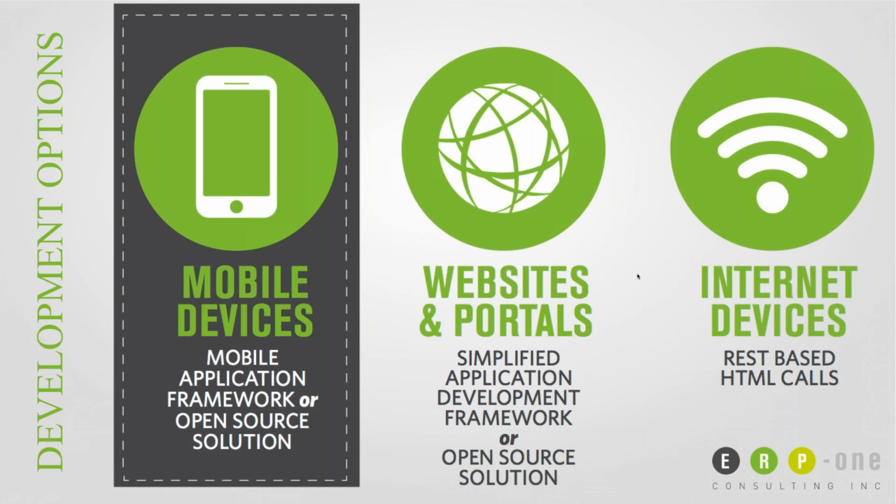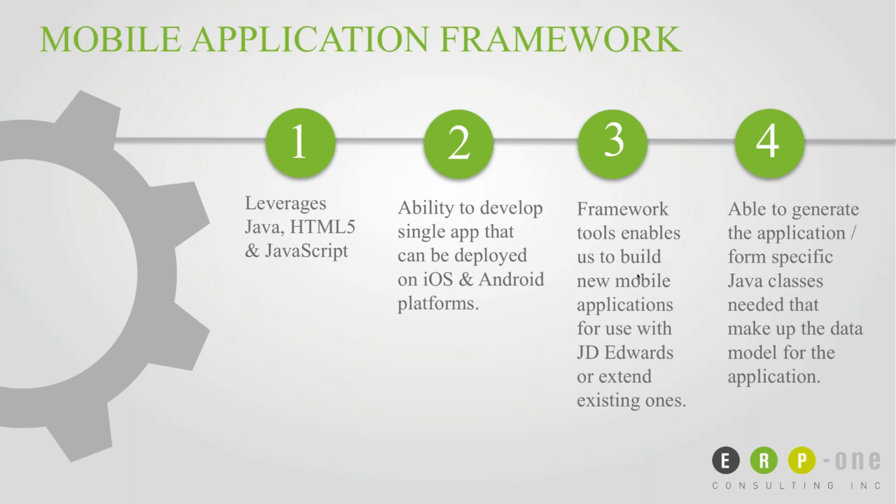So we're going to dive in and talk a little bit about each of these devices, from an offering like how Oracle offers you ways to talk to the AIS server, and how third-party or open-source solutions offer those same technologies. So we'll start with mobile devices, and we'll begin at that point.